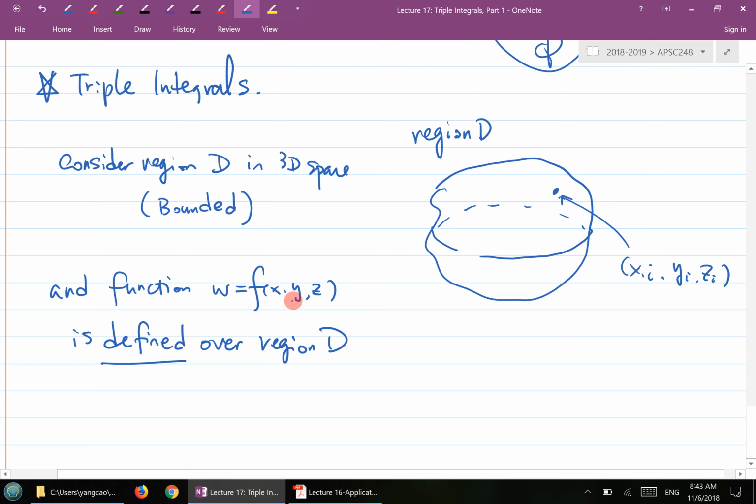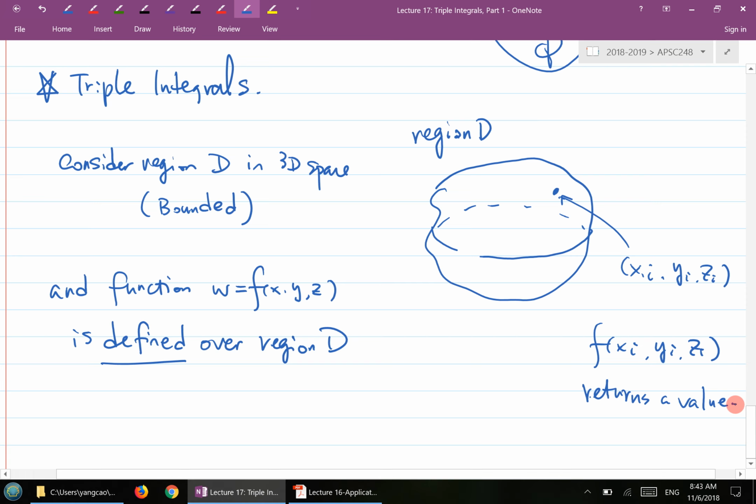If you get infinity, then that's not defined. In our case, it's always defined here. So f of (xi, yi, zi) returns a value. That's what it means to be defined.